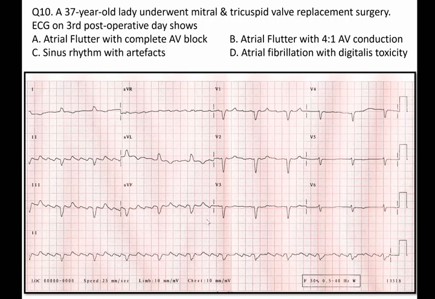For that, you have to look at the QRS complexes, the RR regularity or irregularity, and the apparent PR intervals. You find that the QRS complexes are a little wide, of a left bundle branch block type pattern, and the RR intervals are quite regular.